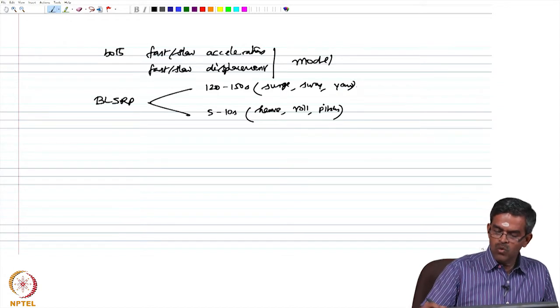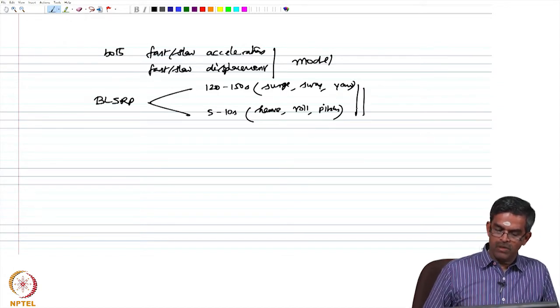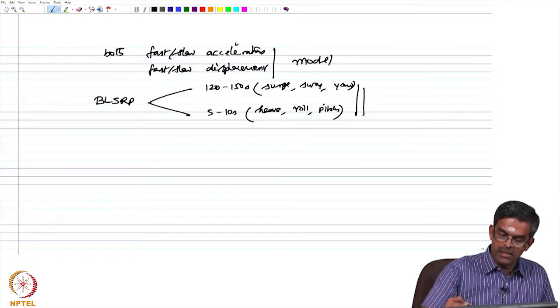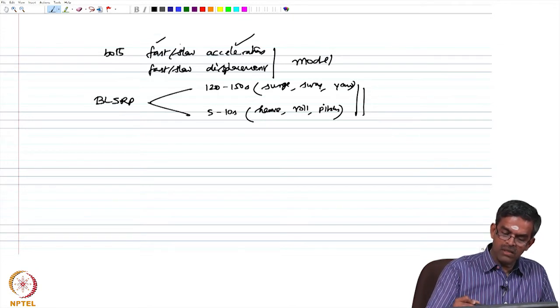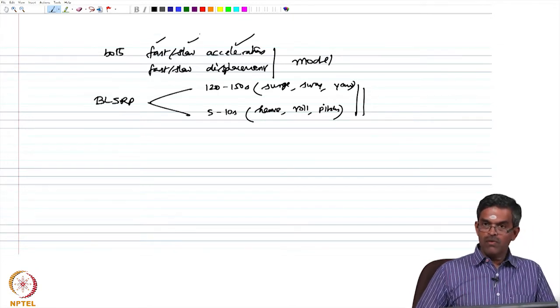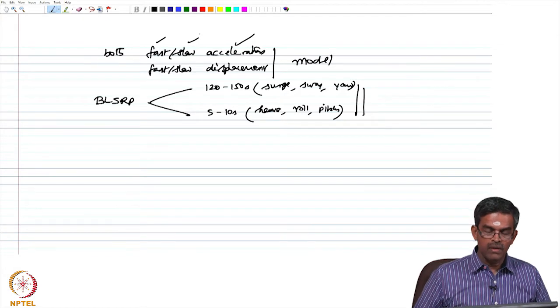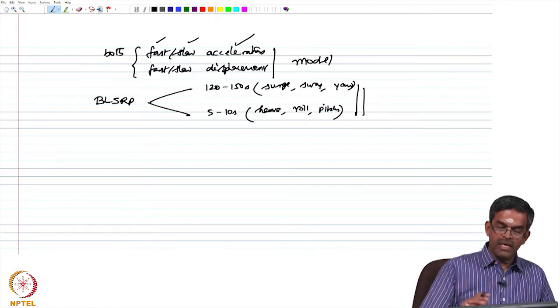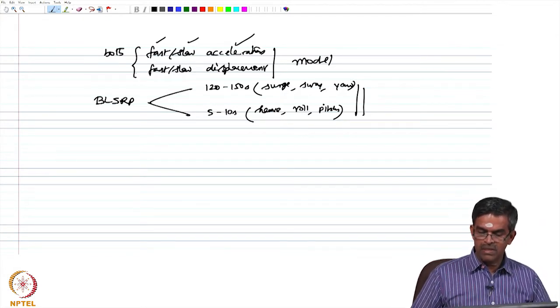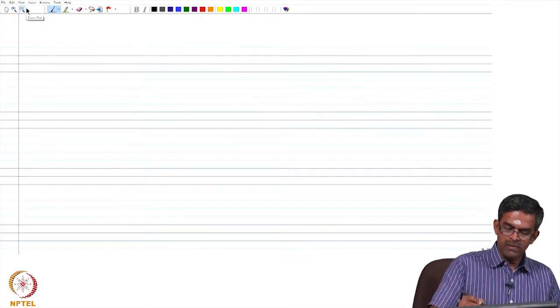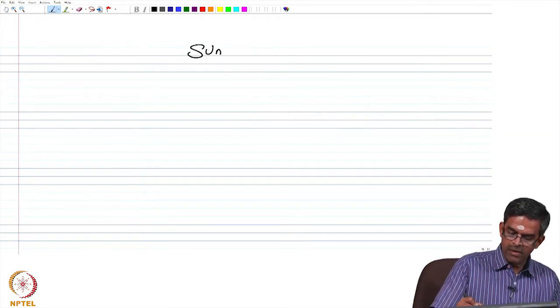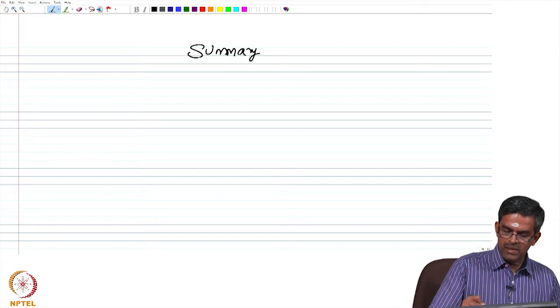So, it has got a very wide band, so that sometimes the accelerations can be much faster or much slower. So, we are looking forward to a sensor which can measure both kinds or varieties of the displacements.